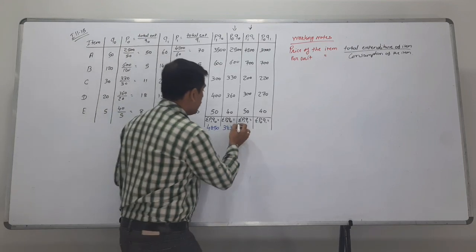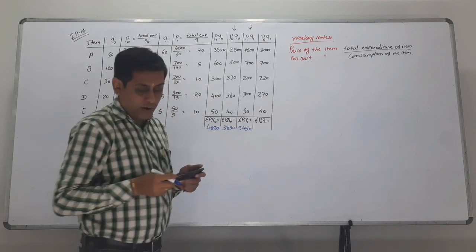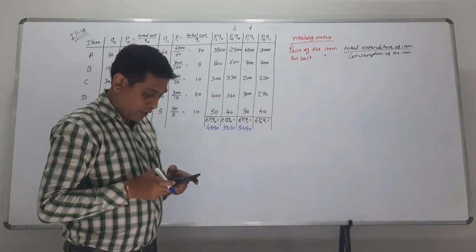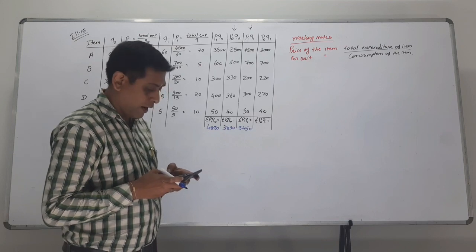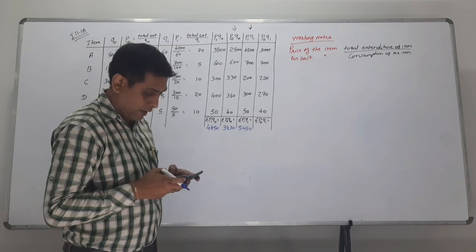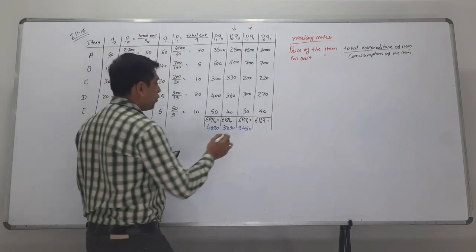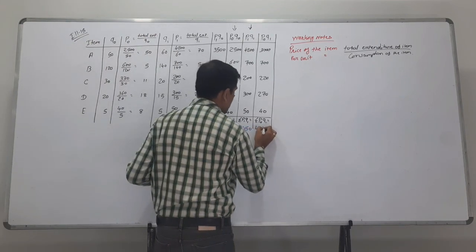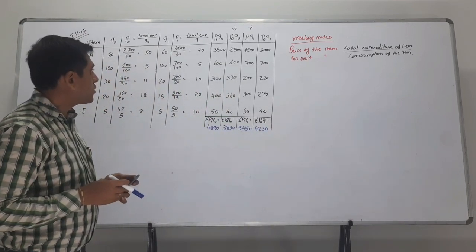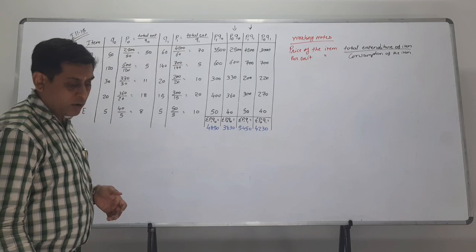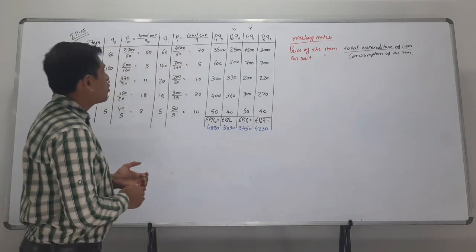That is 5450. And the last one is 3000 plus 700 plus 220 plus 270 plus 40. That is 4230.